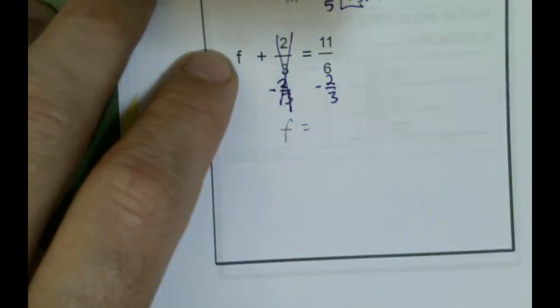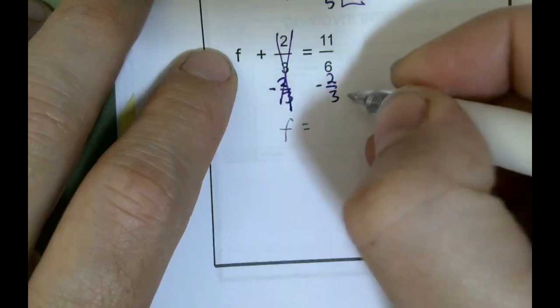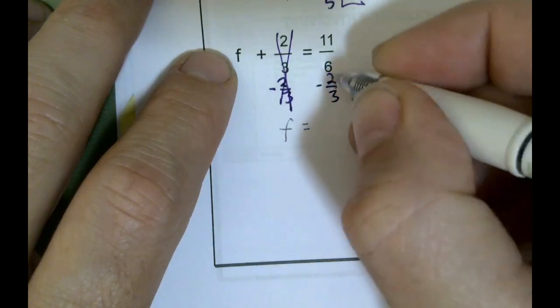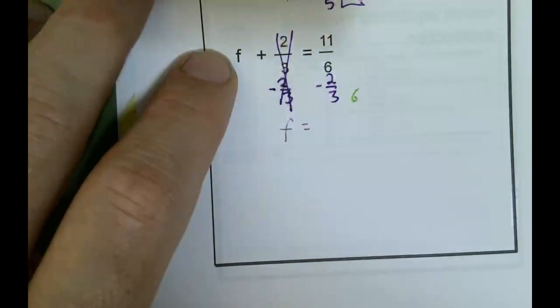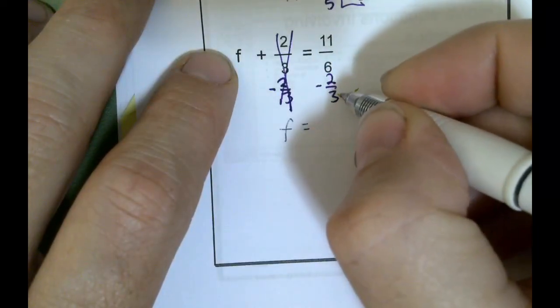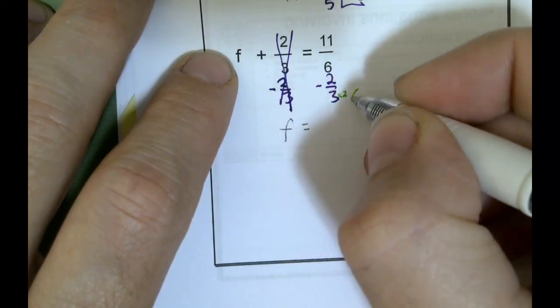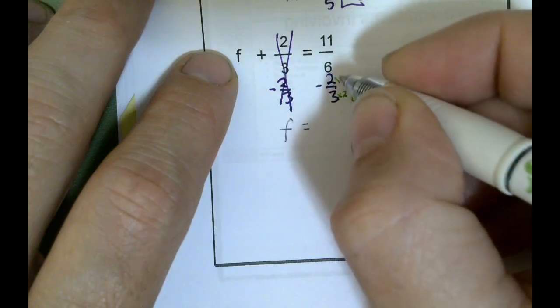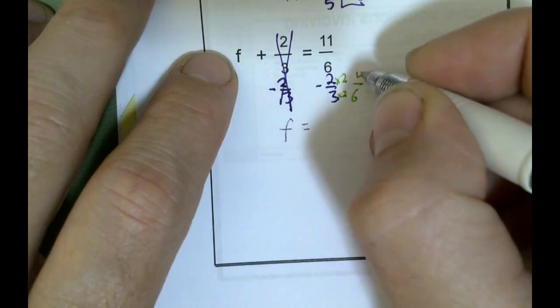And now here, in order to subtract fractions, we need a common denominator. This does not magically become 6, or whatever your common denominator is. Notice I'm going to just change the 1 so I can do math quicker. You take the bottom times 2, that's how we got that 6. Take the top times 2.